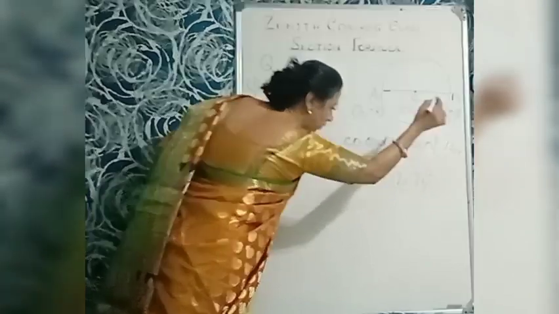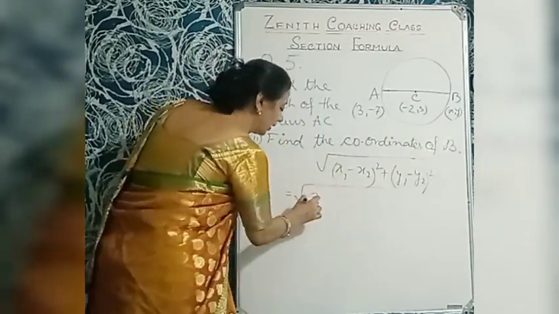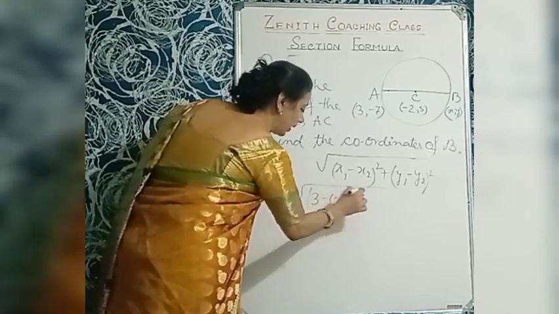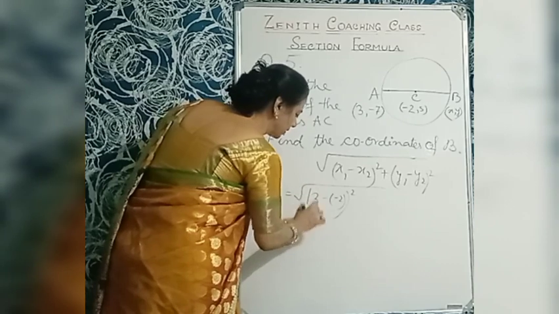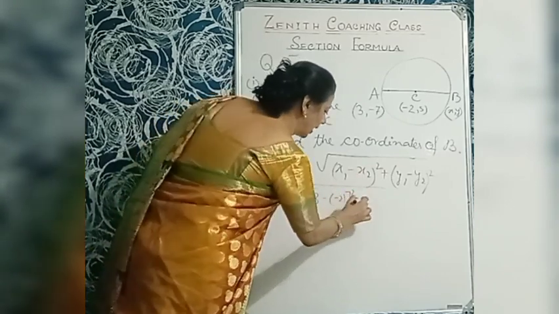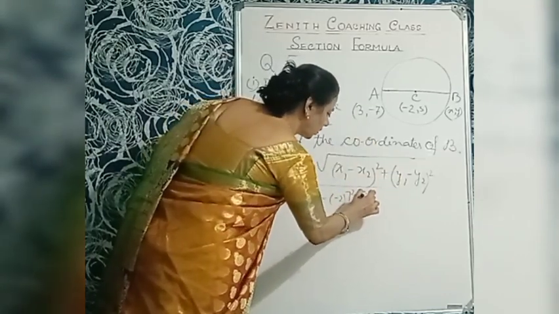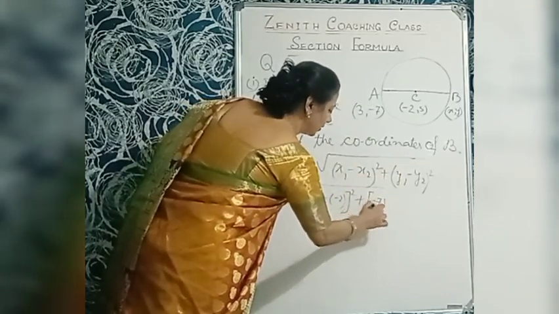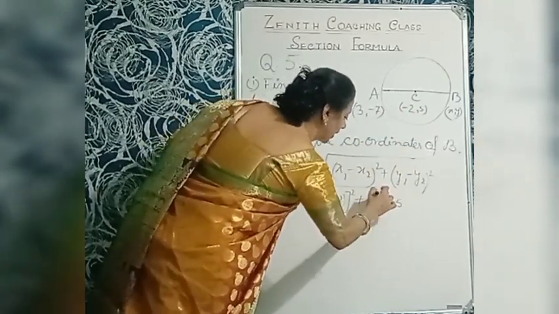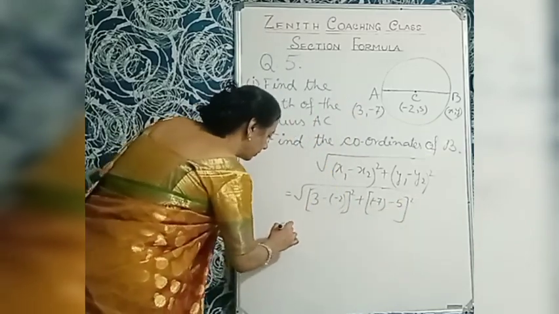So here, 3 minus 2 whole square, plus y1 is minus 7, so minus 7 minus 5, whole square.